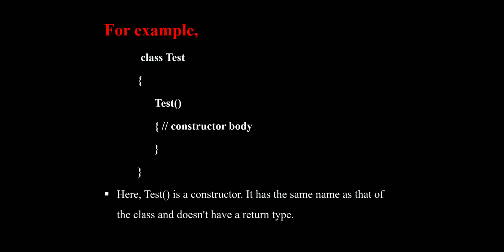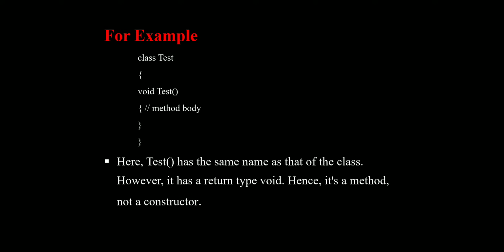Then now see, this is also an example. Same example but differentiated between class, constructor and method. Here also we are creating the class with the class name Test. Class is a keyword, Test is the class name. In this we are going to write a method, that is void Test. This is the body of the method, closing for the method, closing for the class.